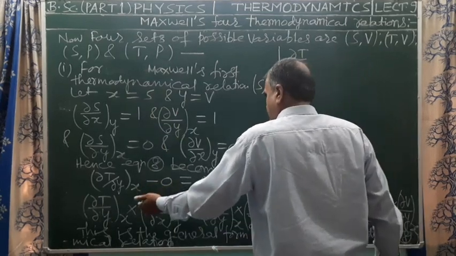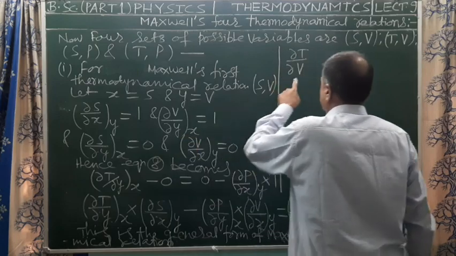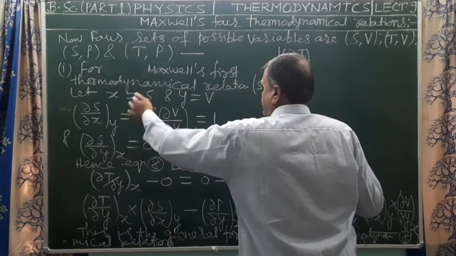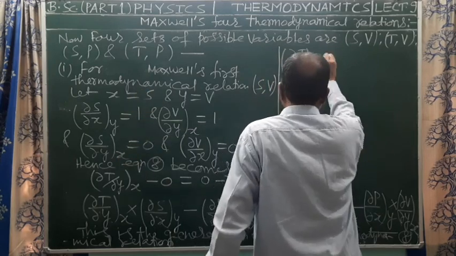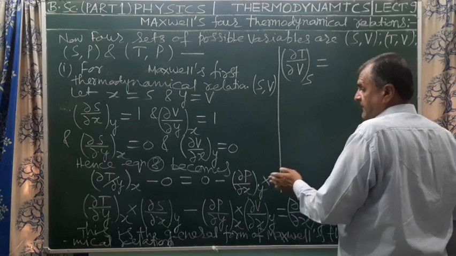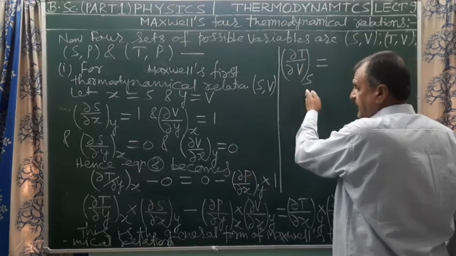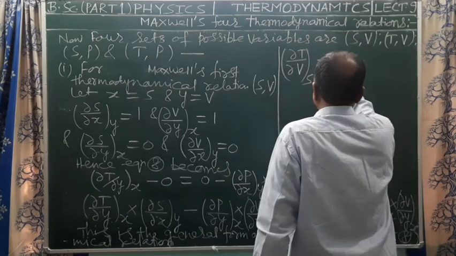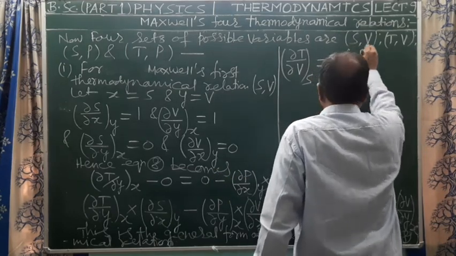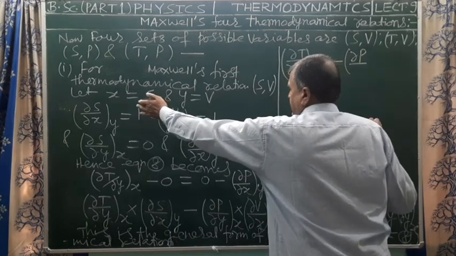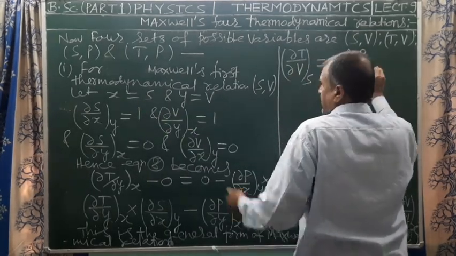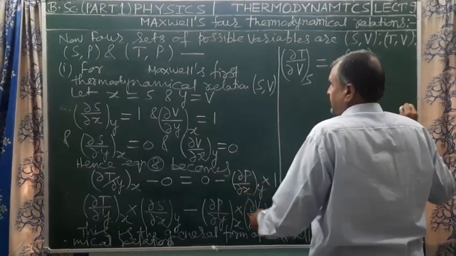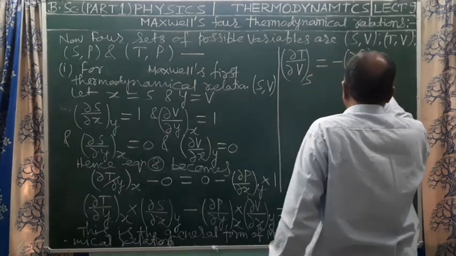So इस रिलेशन में del T upon del y, तो y के जगह रिप्लेस करना होगा V, at constant x, तो x के जगह पर S, that is at constant entropy. So LHS becomes del T upon del V at constant S, entropy, is equal to minus del P upon del S, x is replaced by S, entropy, at constant y, so y is equal to V, volume V.